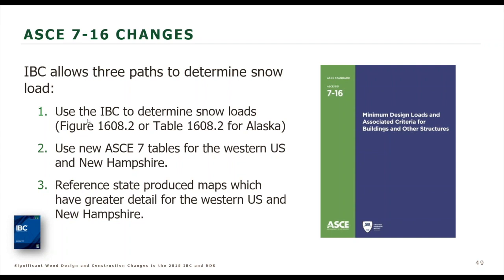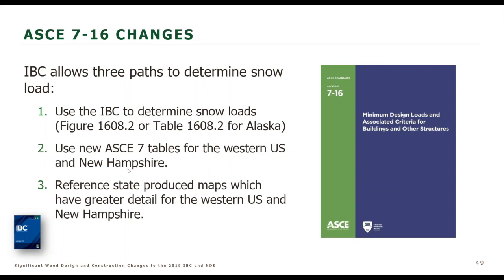One is using the criteria in the IBC to determine our snow loads. There are figures in 1608.2 and tables for Alaska, but that's one path for determining the snow loads.